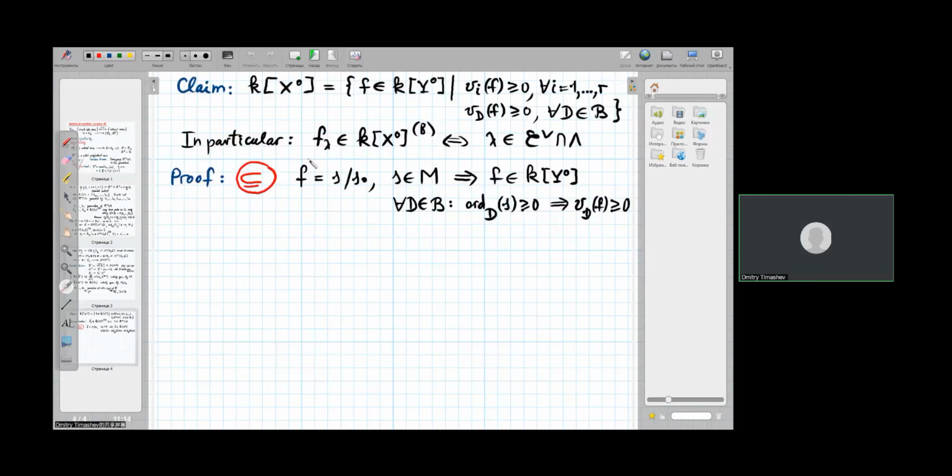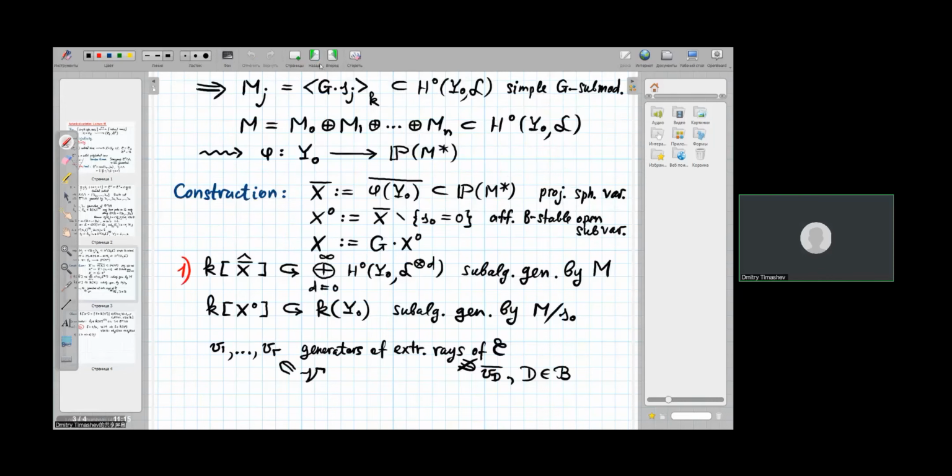So we get the formula that the value of each of the valuations Vi at the section s is greater or equal than the minimum of the values of Vi over all sections sj. These sections are highest weight vectors in these simple submodules.